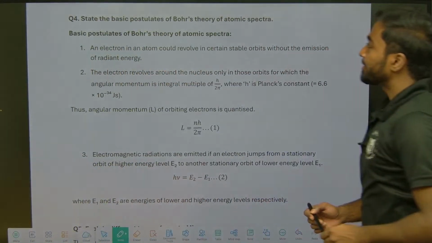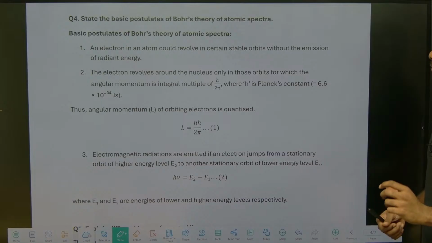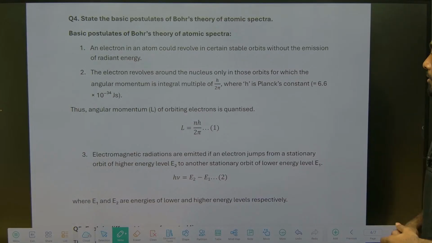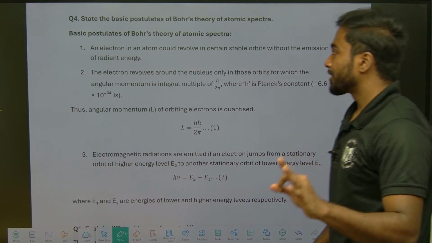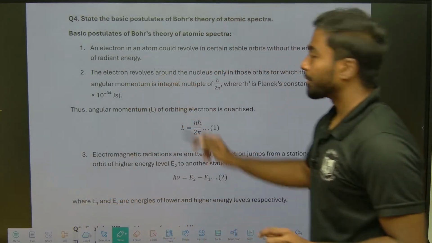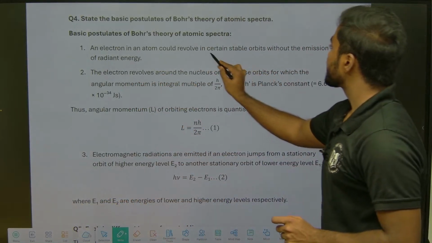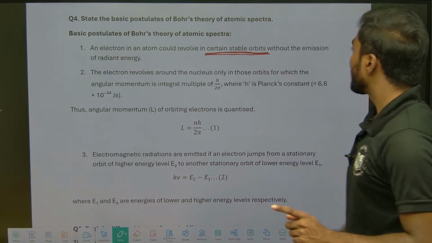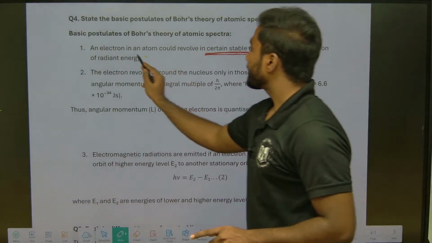State the basic postulates of Bohr's theory of atomic spectra. There are three things. The first one: an electron in an atom could revolve in a certain stable orbit without the emission of radiant energy.